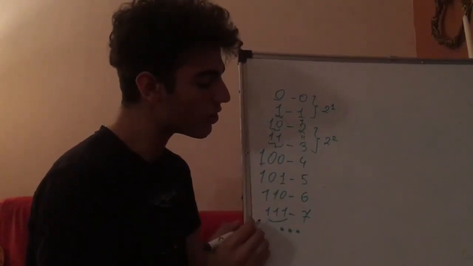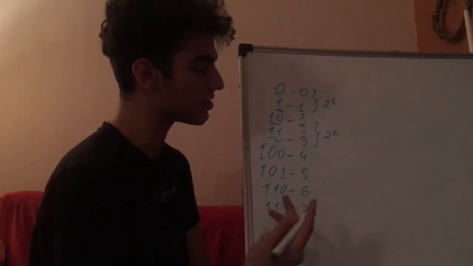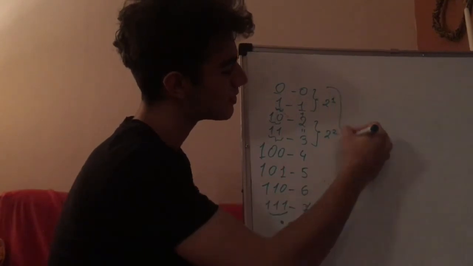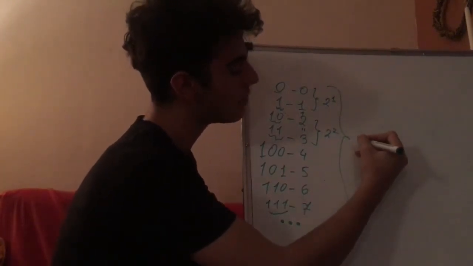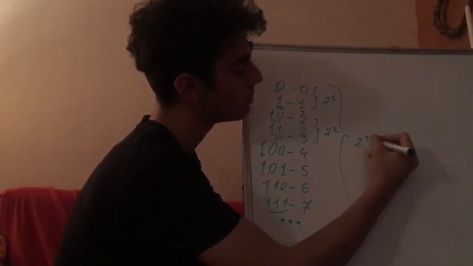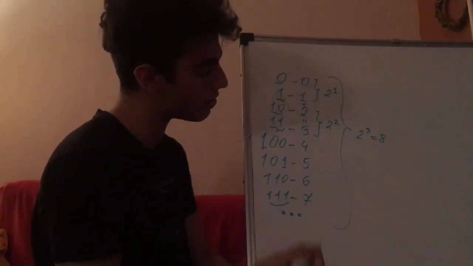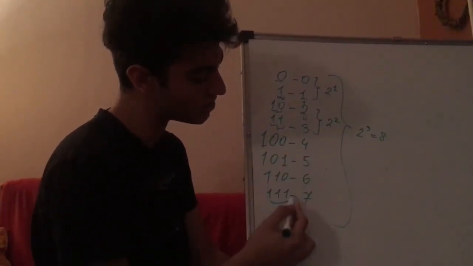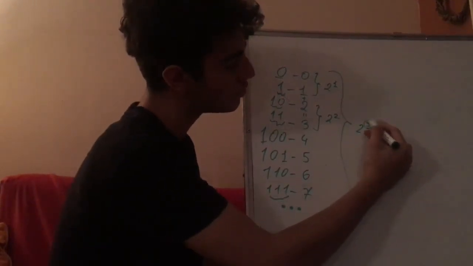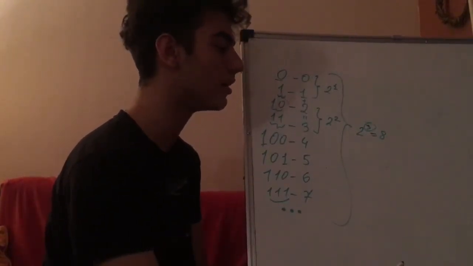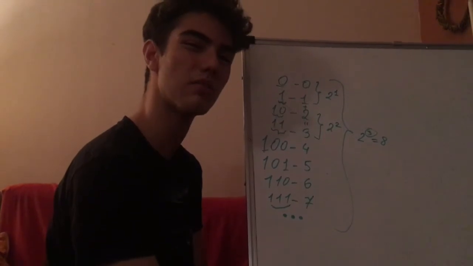So we have four more numbers which have three digits. So it gives us 8 combinations, which is 2 cubed. And it goes on and on. So we can see that 3 digits have 2 power to 3. Do you get it?